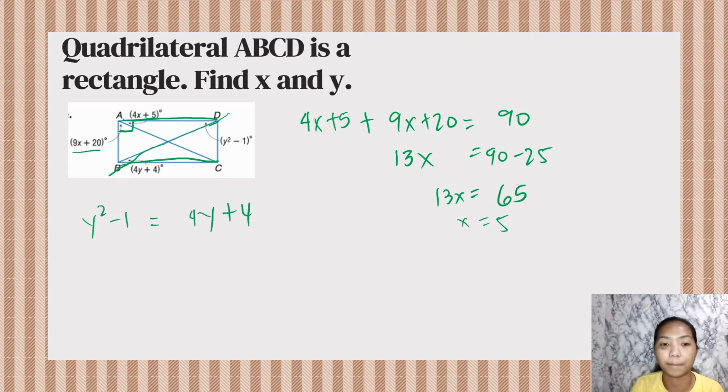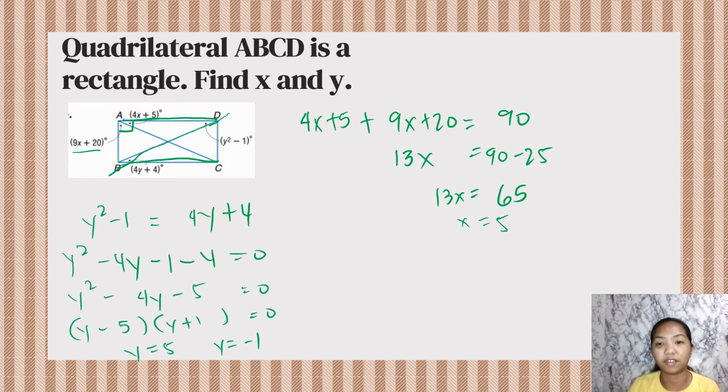By simplifying and solving, we have y equal to 5 and y equal to negative 1. We will reject negative 1 because it will lead us to a 0 answer. So we accept y equal to 5. So our x is 5 and our y is equal to 5.